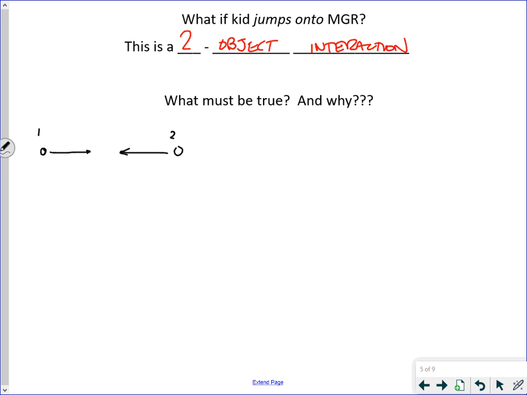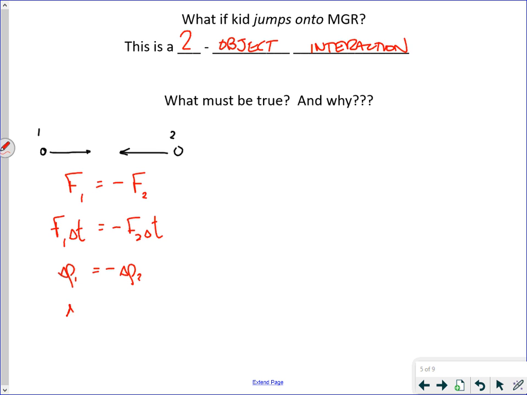All right? We know that the force that the first one experiences is equal and opposite to the force that the other one experiences. And the amount of time that each one experiences that force is equal. So we can say that their impulses are equal and opposite. Delta P1 equals negative delta P2.